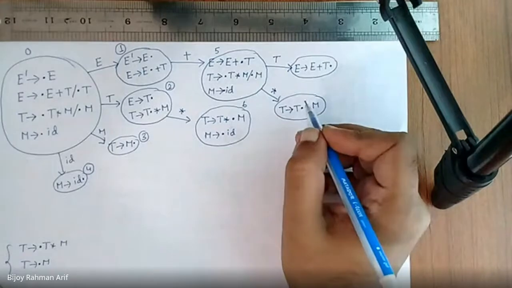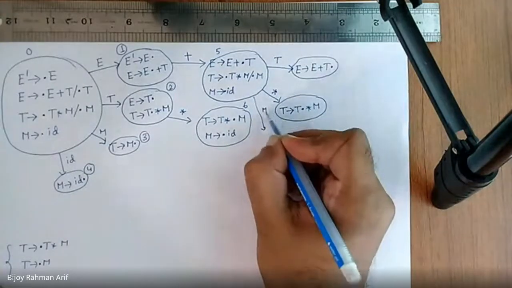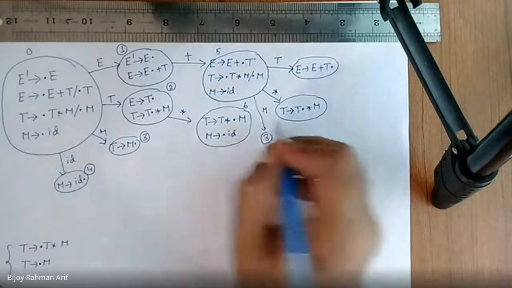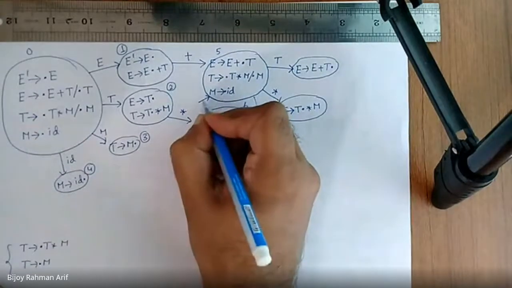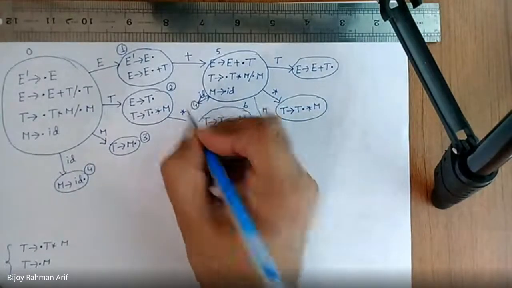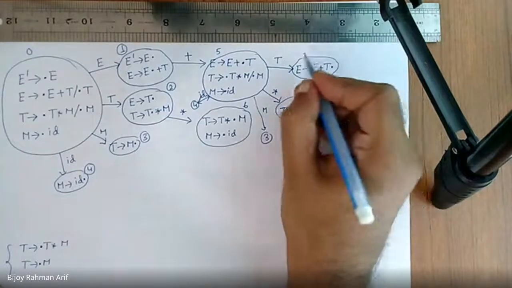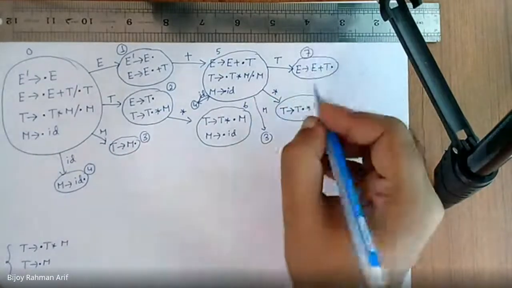And moving on M, where do we go? We are returning back here. So moving on M, we're going to 3. Moving on ID, we're going to state number 4. Done. So let's number this 5, 6, 7 is the final item.